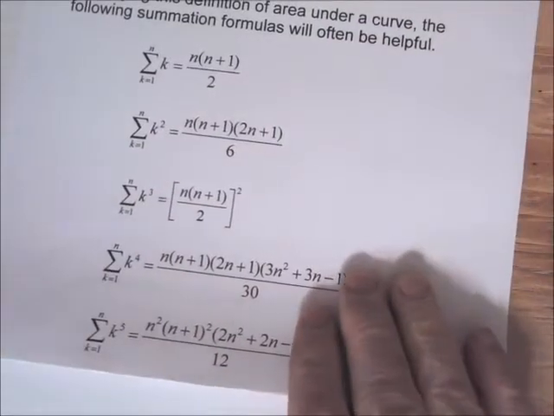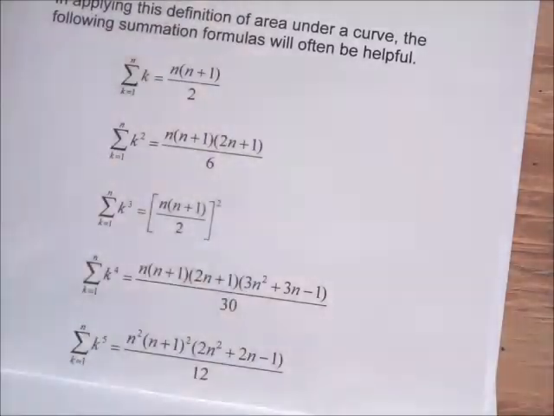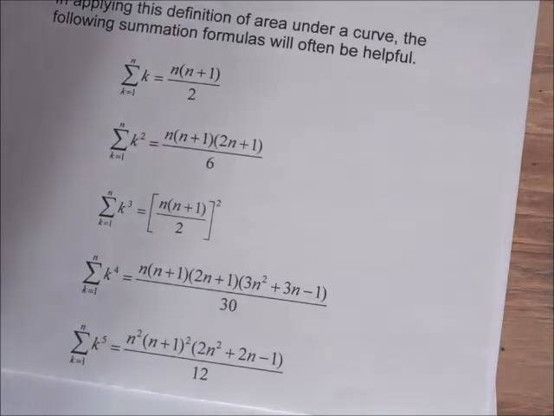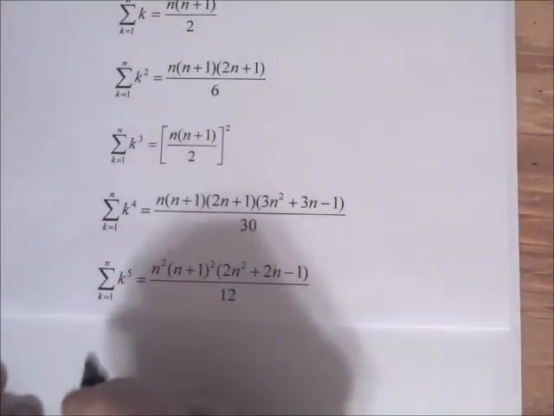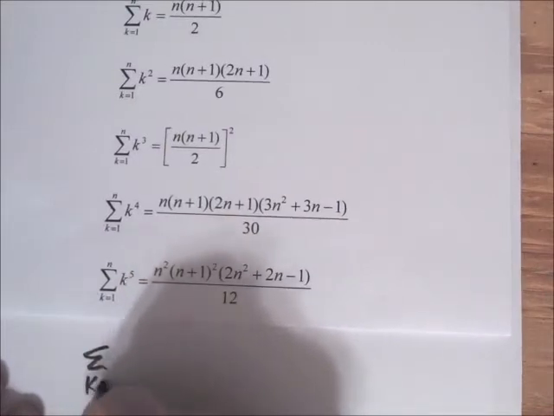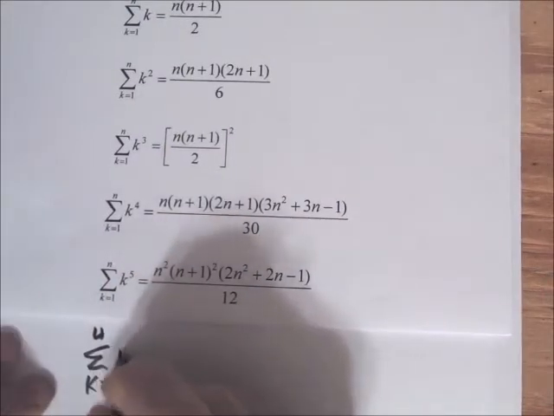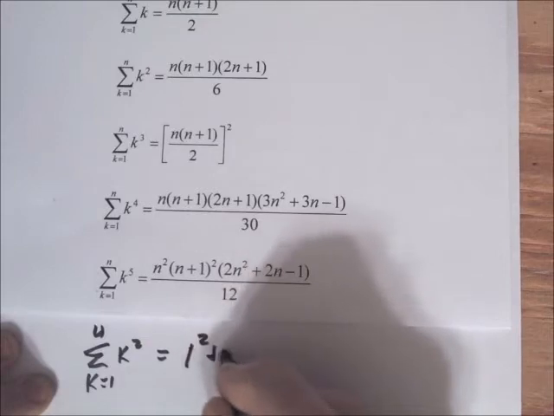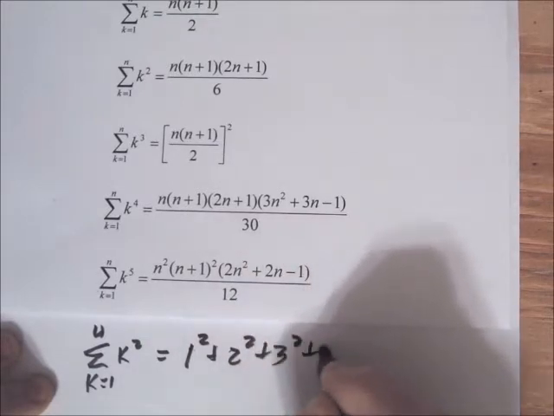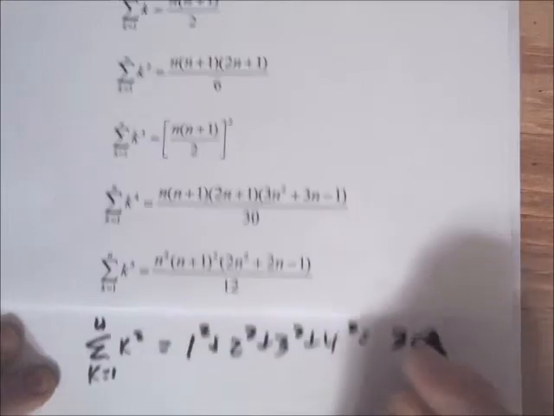Just to give an example, let's go back to our previous example. Previously we said the sum k equals 1 to 4 of k squared, we computed it as 1 squared plus 2 squared plus 3 squared plus 4 squared, and that came out to be 30.